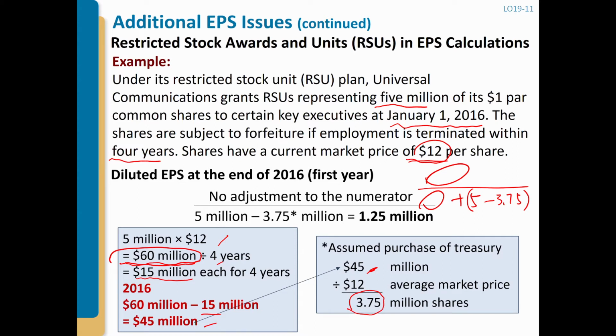The 1.25 million is the shares that could be vested this year, in 2016. Could be the potential shares. Remember, this is our imagination. This is not real. Again, we are calculating the diluted earnings per share. What if those shares are vested? Then the 1.25 million more shares should be added.